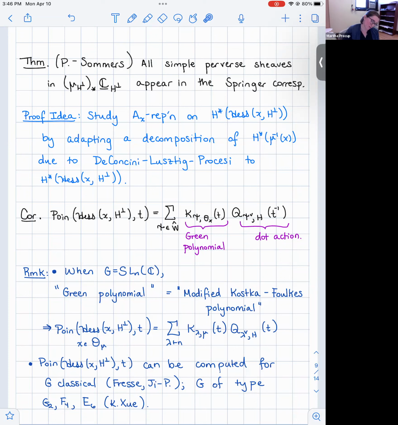So this was the idea of the proof, and it allowed us to show that the things that show up in this push forward are things that actually show up in the Springer correspondence.